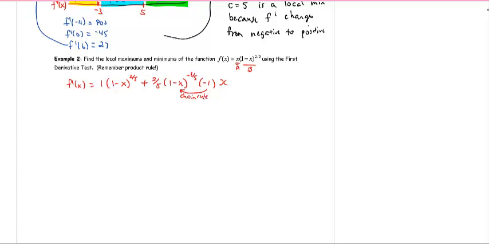Cool. Now, not so cool is trying to make this equal to 0, but I'm going to actually ask you to factor something out. Can you see how both of these have a factor of 1 minus 2x, but we're going to factor out the lowest power, in this case 1 minus x to the -3/5.